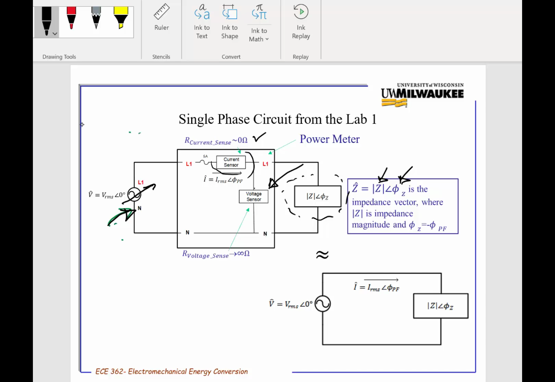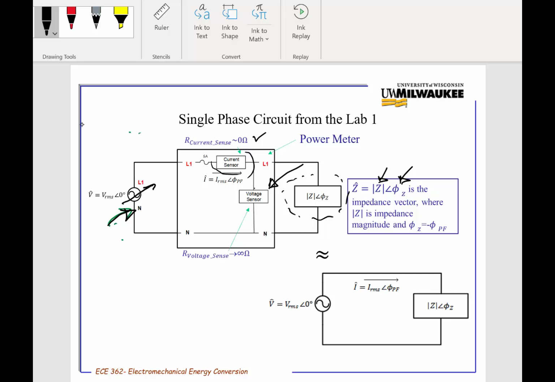So I guess the Germans like to put a negative sign in front of leading power factors for some reason. And so you have a little sign difference between what you're going to measure on that meter compared to what I've told you in the class. But if you look at the feedback equipment, which is the other set of equipment in the lab, there's really two sets of equipment.